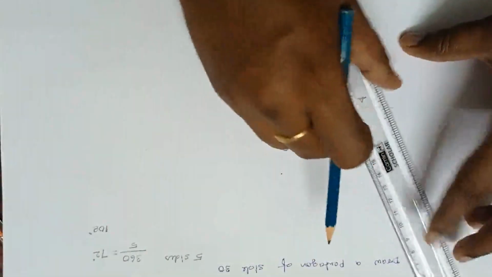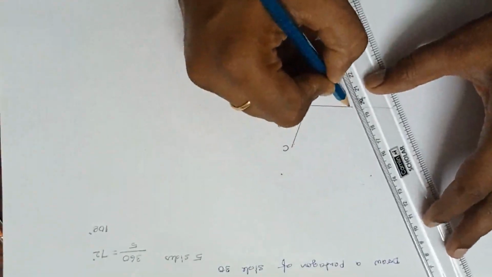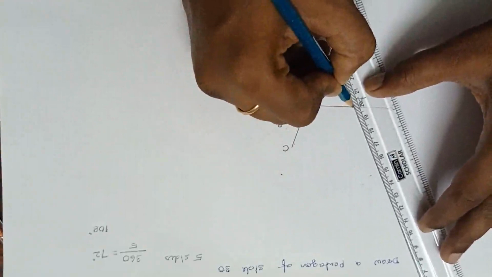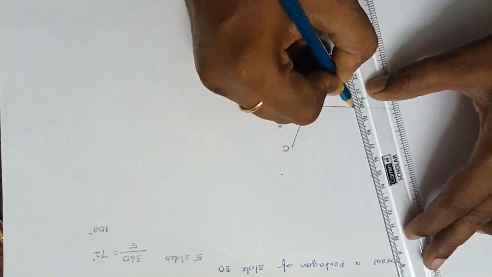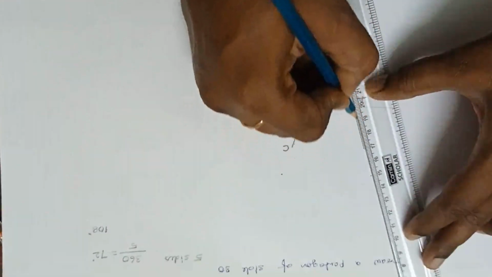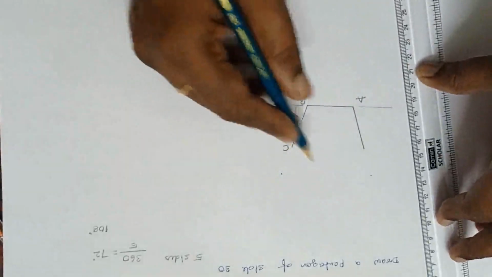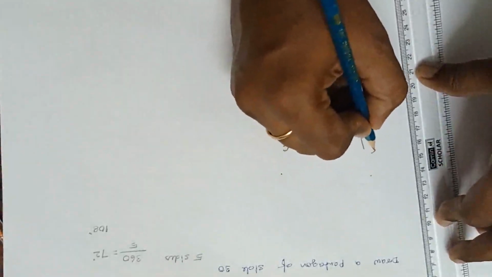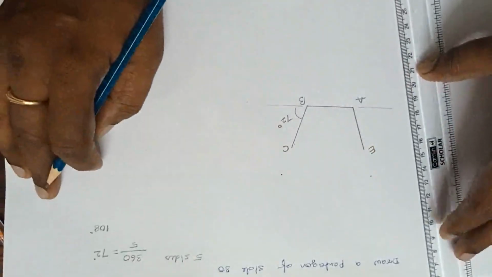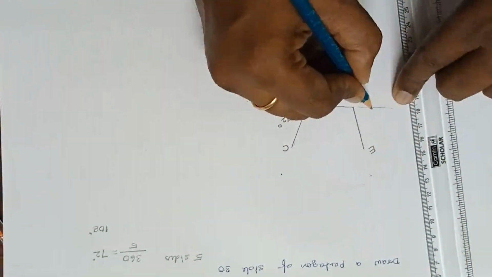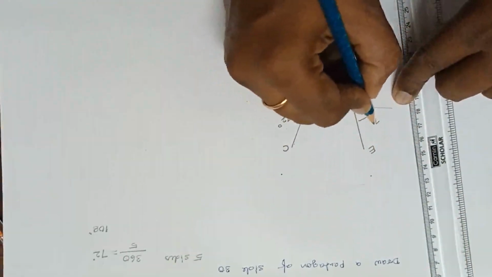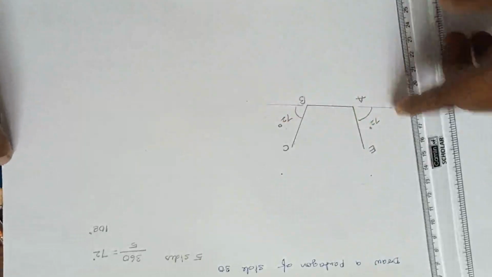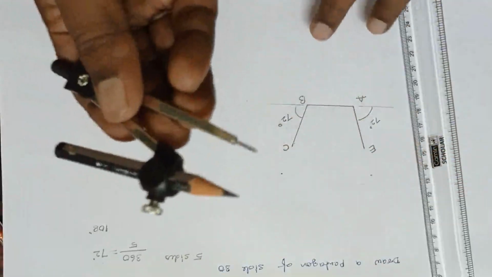So from A, the length, how much? The pentagon size is 30 mm. So I will draw a line. A, B, C, D. This is point E, suppose. I have got this 72 degrees. Done. Over.